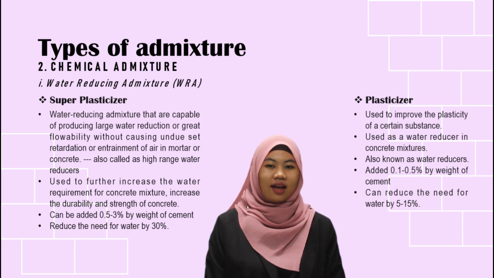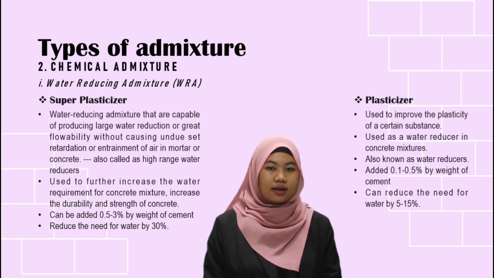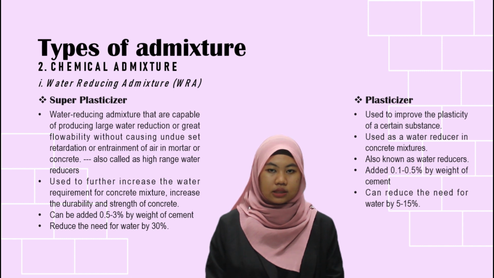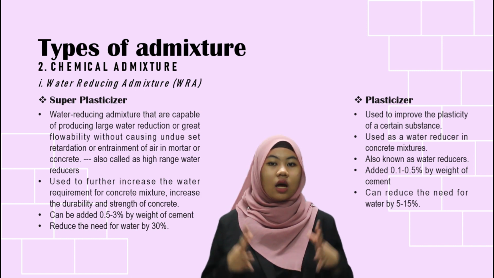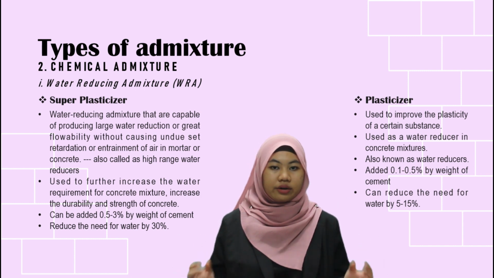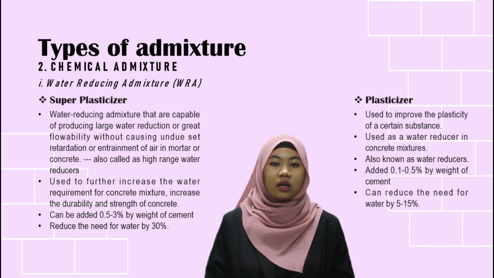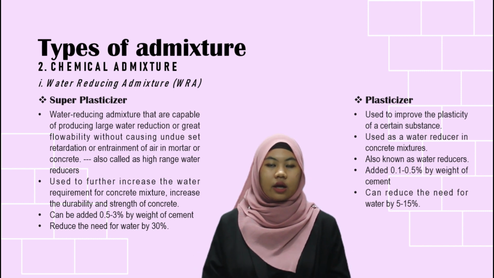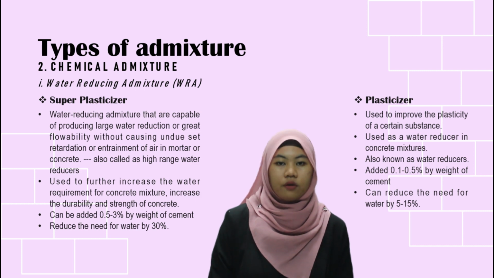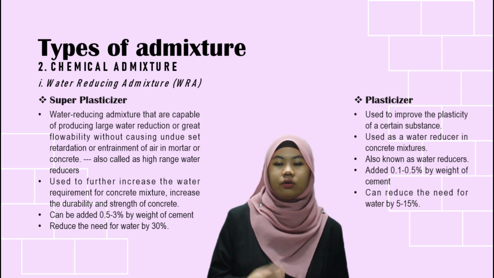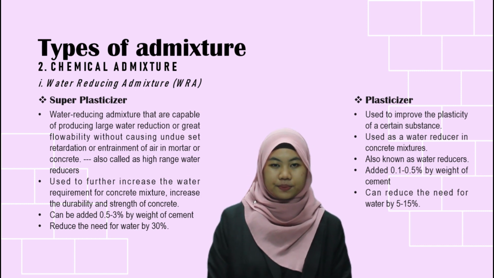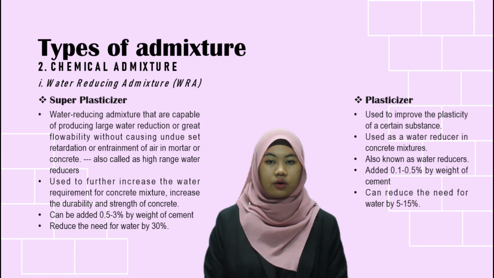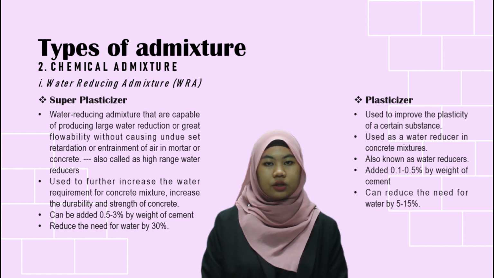On the other hand, super plasticizers are water reducing admixtures that are capable of producing large water reduction or great flowability without causing undue set retardation or entrainment of air in mortar or concrete. Super plasticizers are also called high-range water reducers.